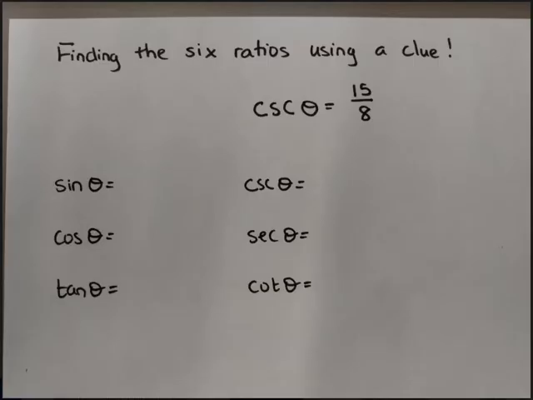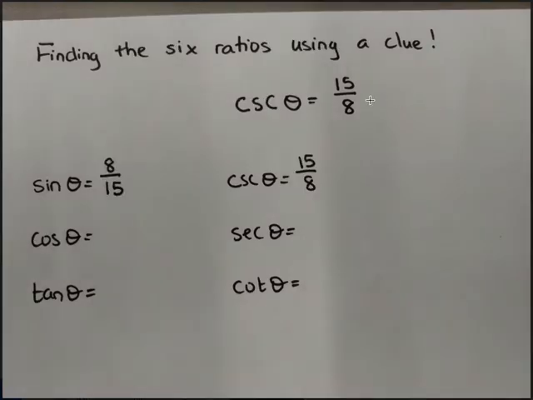All right, so the next thing we're going to tackle is what if instead of giving me a picture, I am just given a clue. I'm given one of the 6 ratios, and I'm supposed to use that to find all the rest? Is it possible? Of course it is. If the cosecant is 15/8, I know the sine must be 8/15 because these two are reciprocals of each other.